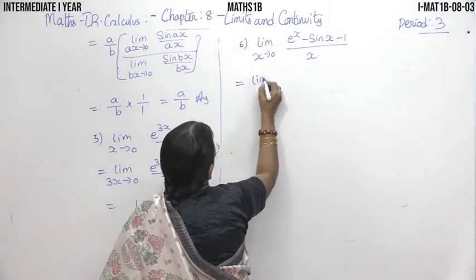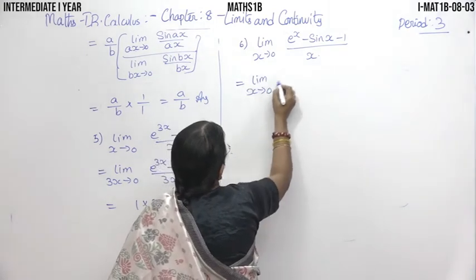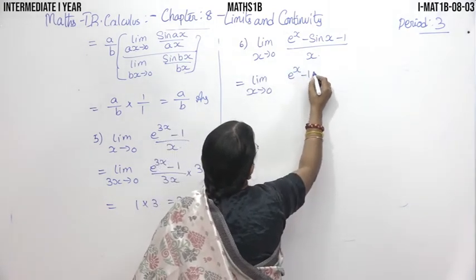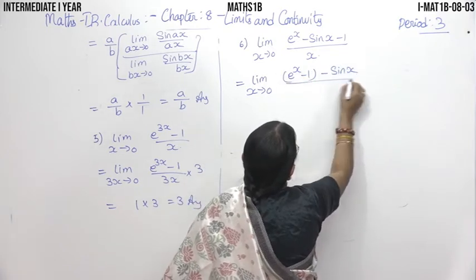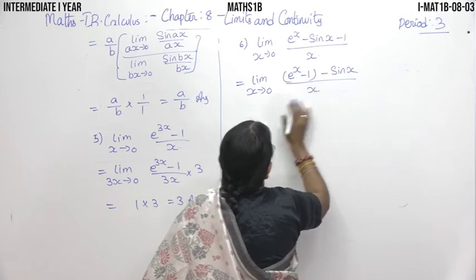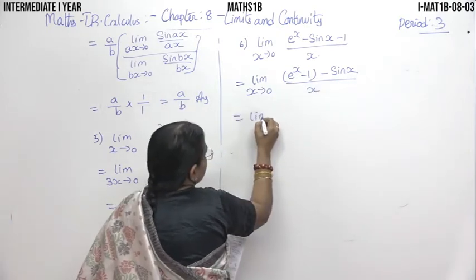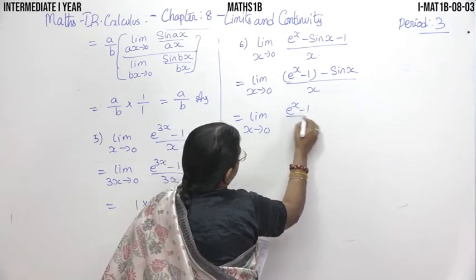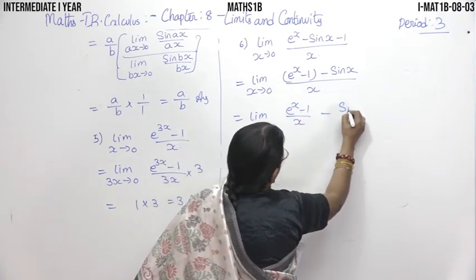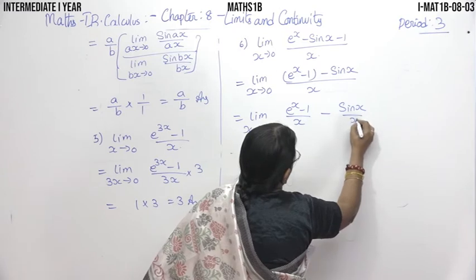So again, you must do something here. What is our standard limit? E power x minus 1 by x. So e power x minus 1 will write together, sin x like this, and then we'll divide them separately, and then we'll write the limit also separately, so that both are in the standard form. Minus sin x by x, divide separately.